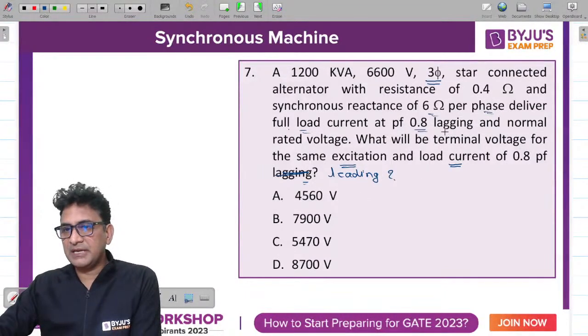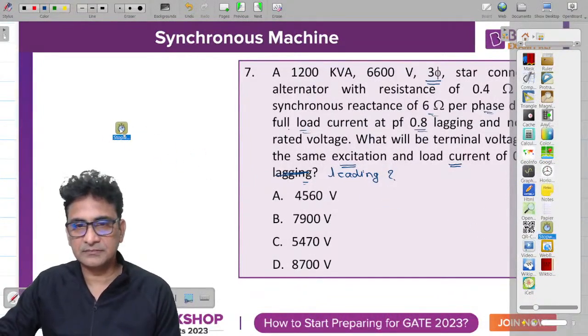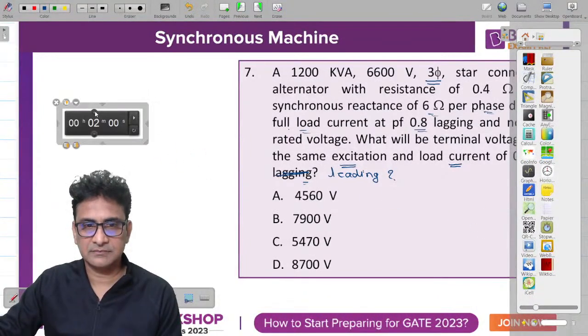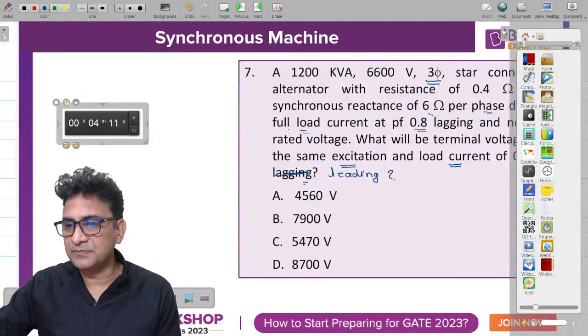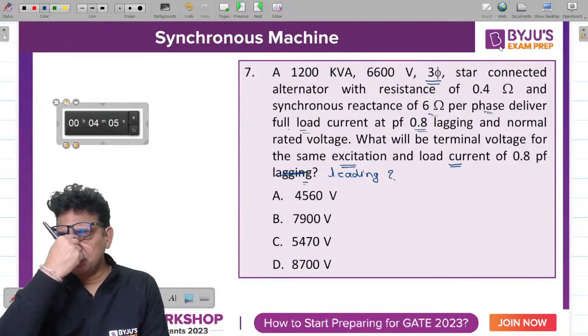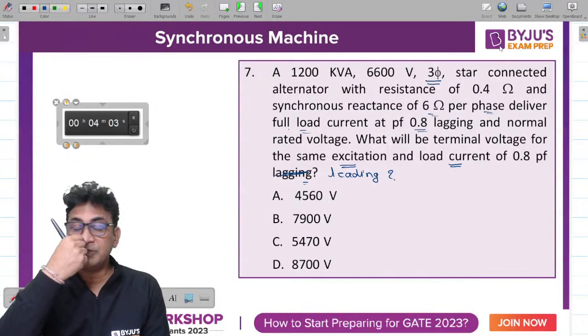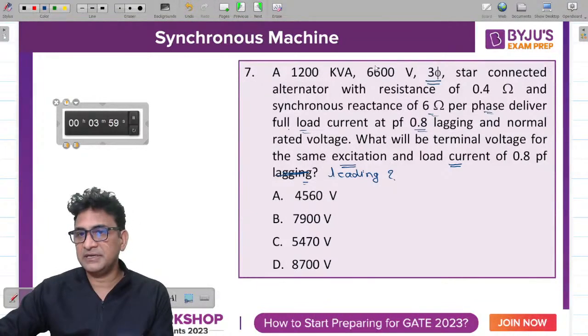You know the lagging case, and you have to find out for leading. I am giving more than 4 minutes because it may have some calculation. Okay, your time starts now. When full load and 0.8 power factor lagging load is connected, then the terminal voltage is the rated voltage.